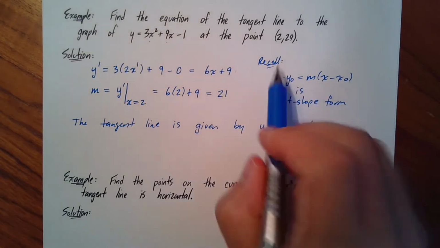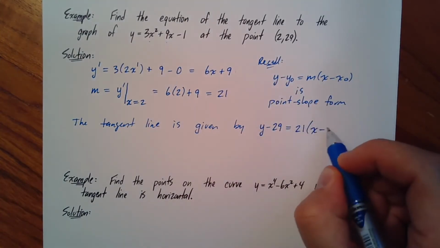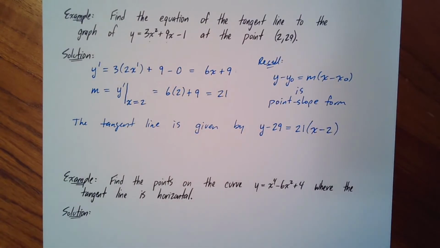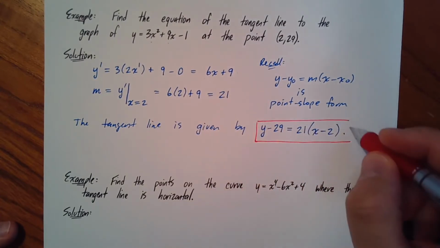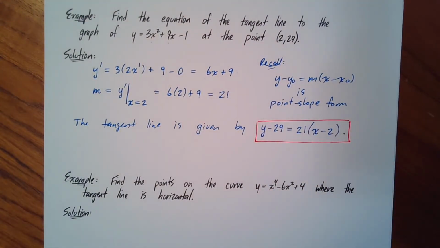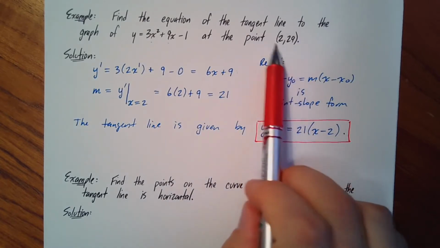And then our x naught is going to be the x coordinate of that point, so it'll be x minus 2. So that is the equation of our line. You could certainly write this line down in other forms. You could write it down in slope-intercept form if you like, and that's totally fine as well. There's nothing stopping you from doing that. But I think point-slope form is easier, given the fact that we have a point on the line already.